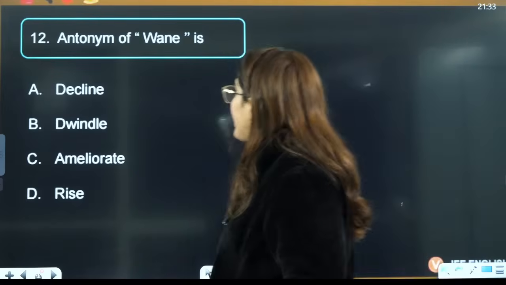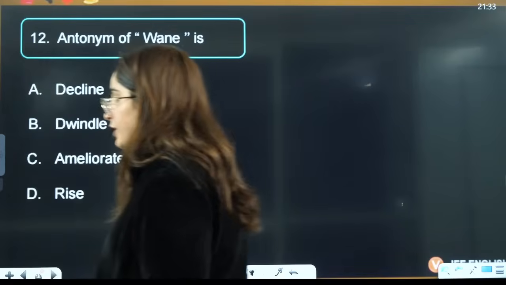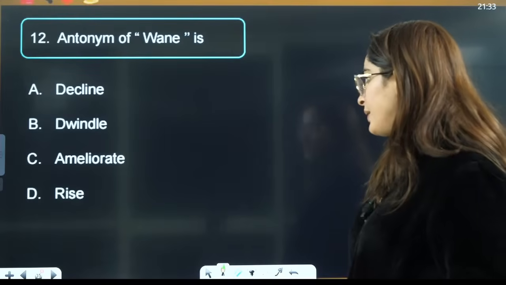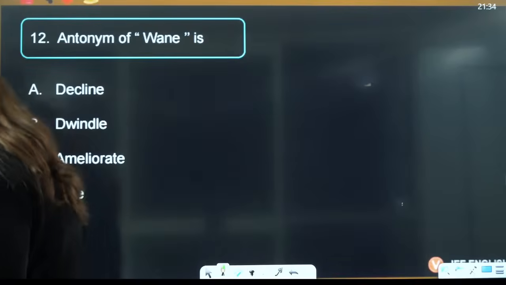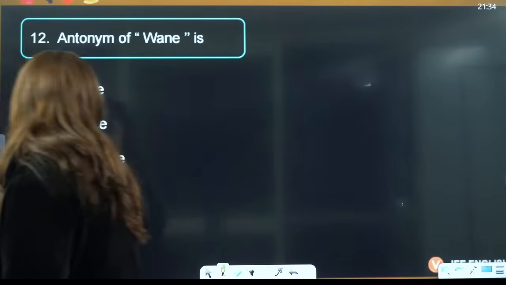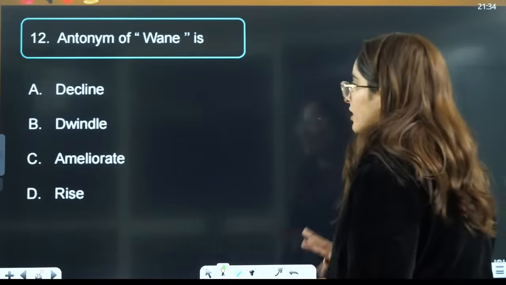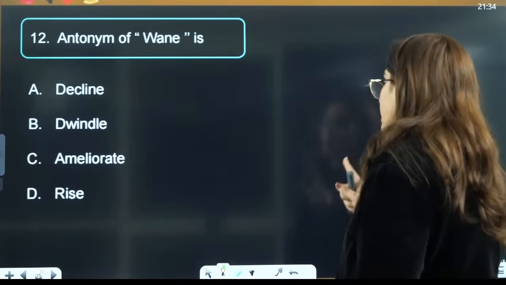Antonym of vain. Yes, everybody, antonym of vain. Let's see how many of you answer this. Vain: decline, dwindle, ameliorate, rise. Now tell me what is the answer here. Decline and dwindle mean the same thing. And rise is going up.